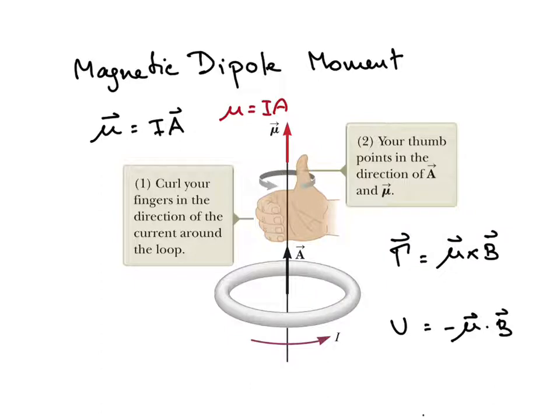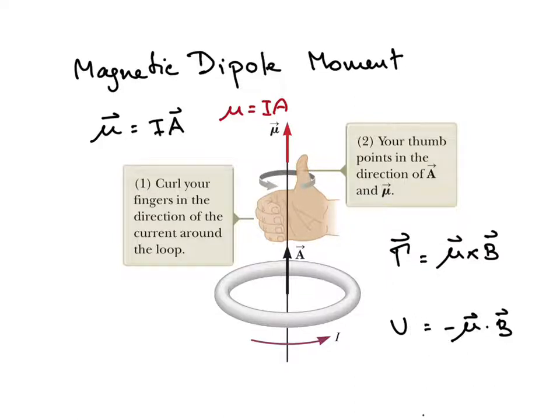I will not derive this formula, but you can see that this is a reasonable definition. From this definition, if mu points in the same direction as B, you will have the minimum value, and if mu points in the opposite direction of B, you will have the maximum value.